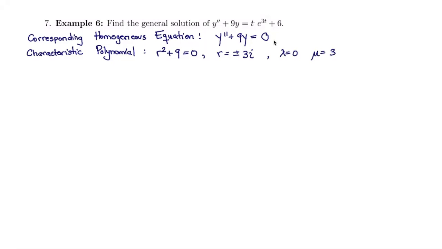Using our guidelines for the fundamental solutions, we find that y1 will equal the cosine of 3t, and y2 will equal the sine of 3t.